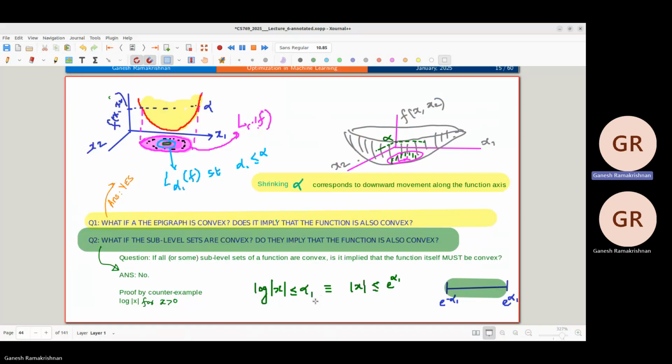Of course, the epigraph is only one; there are no multiple epigraphs. So if the epigraph is convex, the function is convex, may be easier to show. But for sublevel sets you have to claim it for all possible values of alpha. That's trickier. Think about it, and you have to start visualizing the connection between the gradients, the rate of change of the function, and the shape of these sublevel sets and epigraphs. I'll leave you with this one specific homework problem. Thanks.